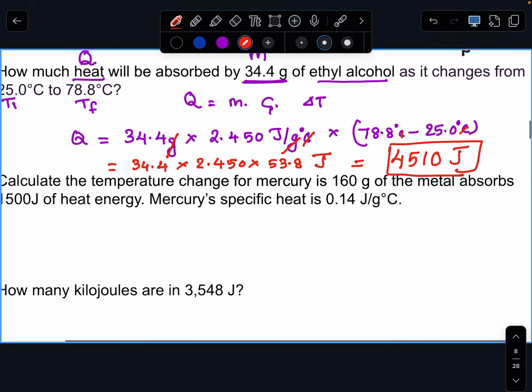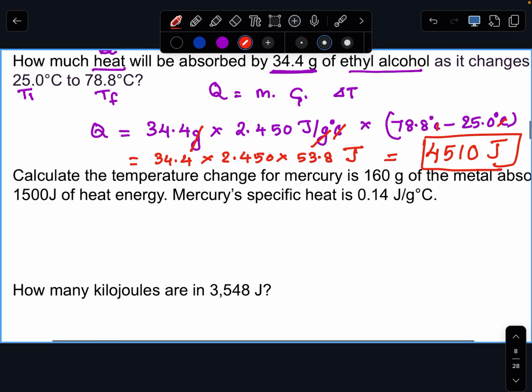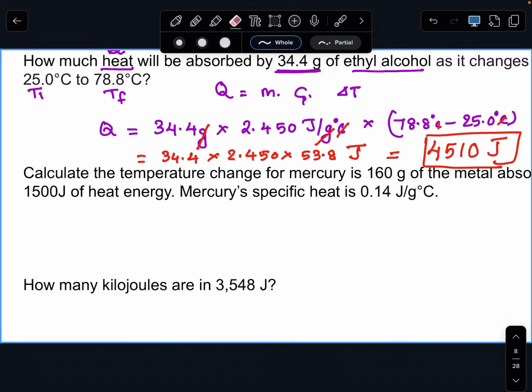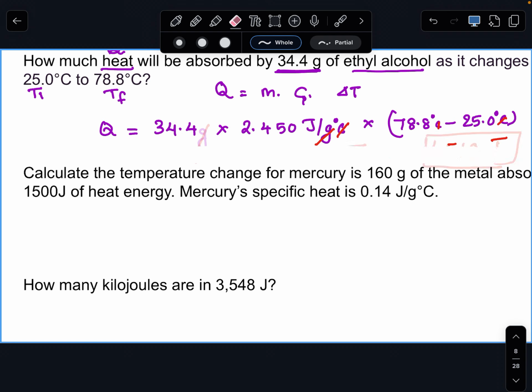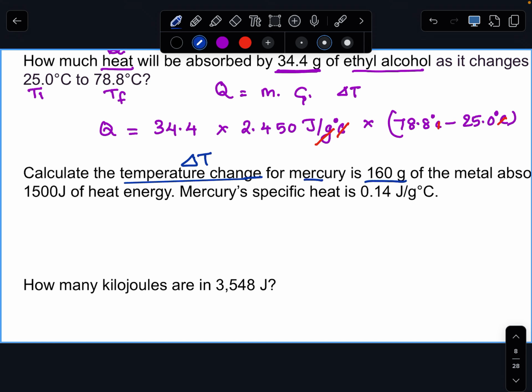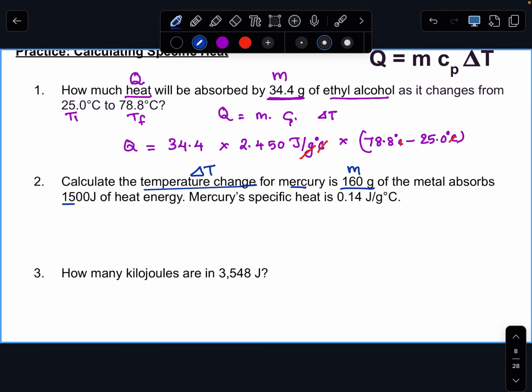Okay, let's do the second question. It is the same type, but this time it is asking for something else. I'm going to erase the previous one so that I have space for writing. Calculate the temperature change. It is asking for temperature change, that means delta T of mercury, which has a mass of 160 gram, absorbs this much heat, and the specific heat, which is Cp, is also given.